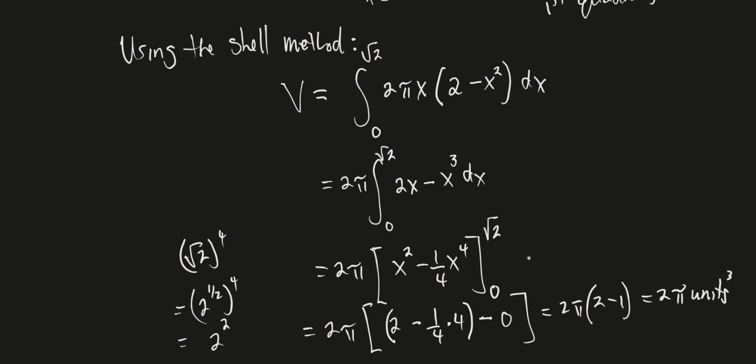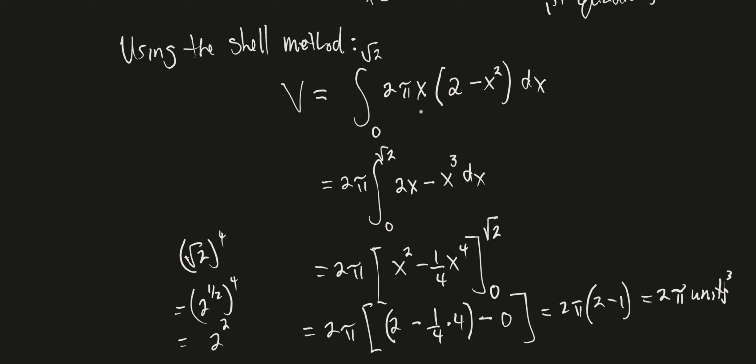So the shell method gives us an alternative approach. Sometimes you might want to keep the functions in terms of x, but if the axis of revolution is the y-axis, then you'd have to use the shell method, because it gives us the opportunity to get the volume of a solid formed by revolving around the y-axis, even though the integrand and the limits of integration are in terms of x.